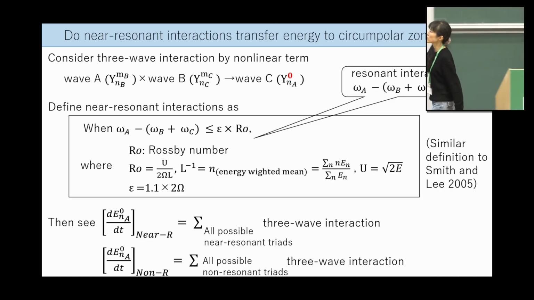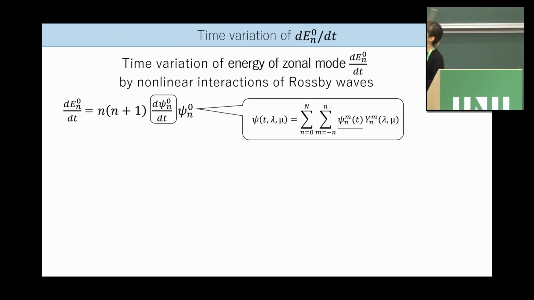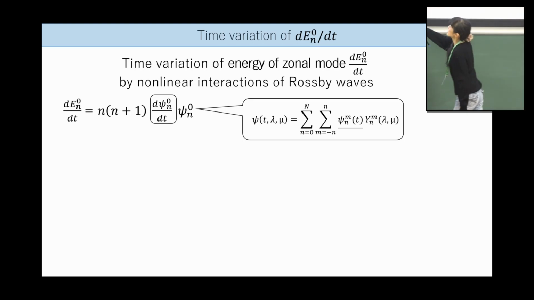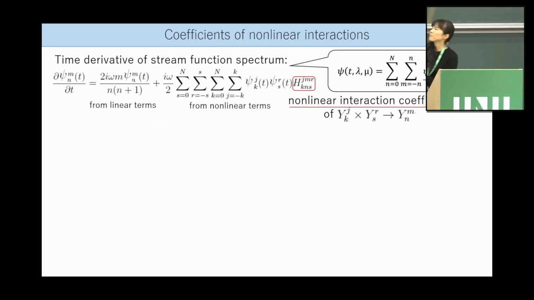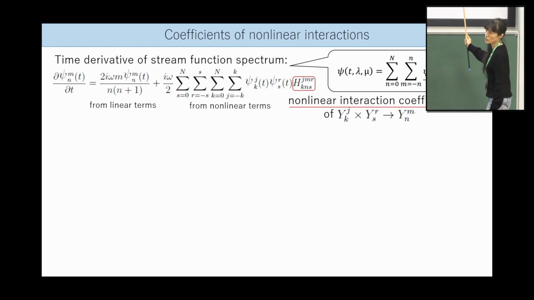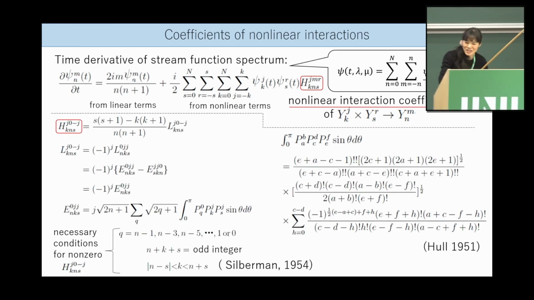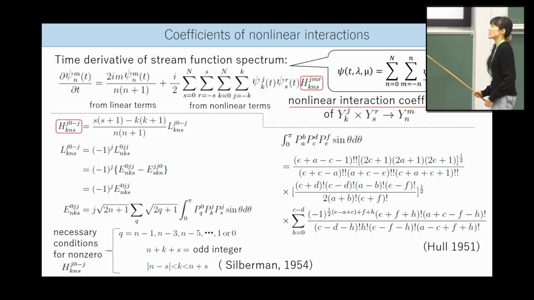And in order to calculate this, of course we have to calculate these things, and this part can be calculated if we know the nonlinear interaction coefficients, and these nonlinear interaction coefficients can be calculated by the use of these notations given by Silberman.